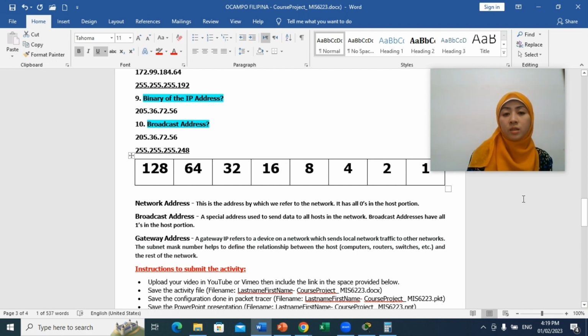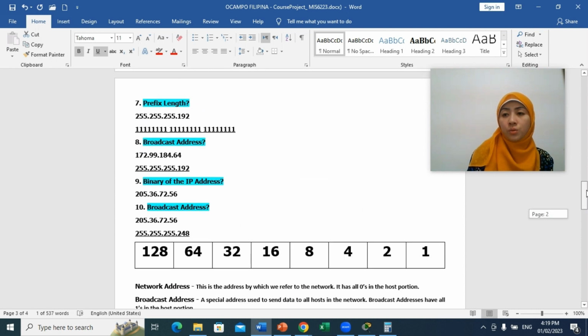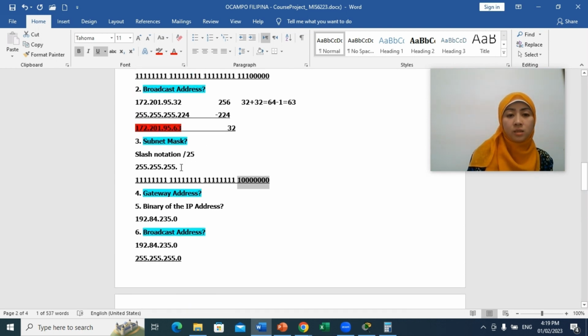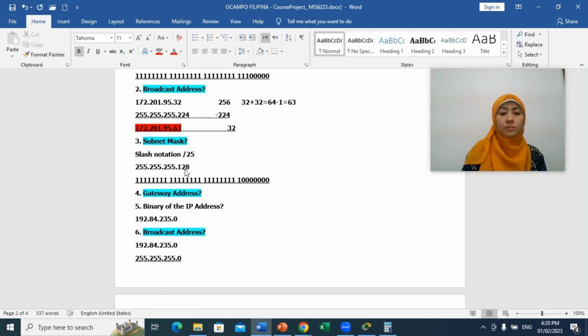So all is 0 and only this one is 1, which means the decimal number is 128. So our subnet mask is 255.255.255.128.